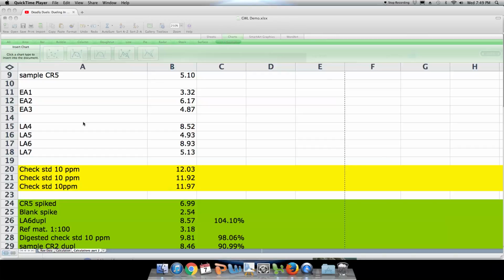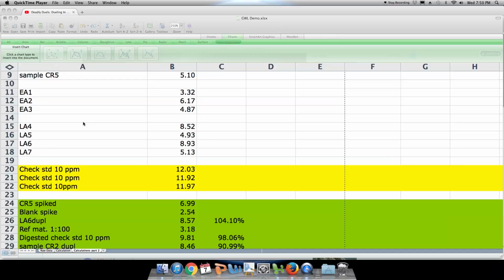The volume in the digestion tube was 24 milliliters. Everything is made up to a volume of 16 milliliters, and then we add 8 milliliters of digestion solution.